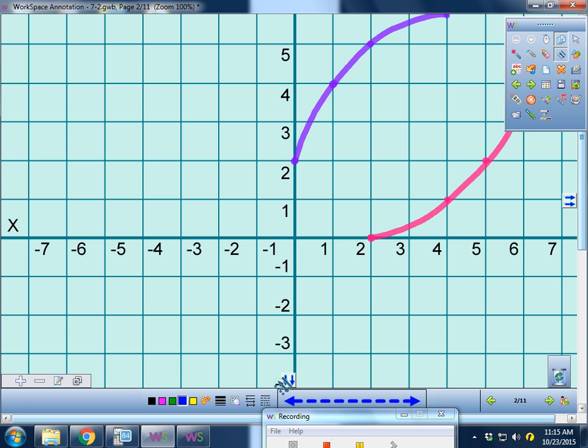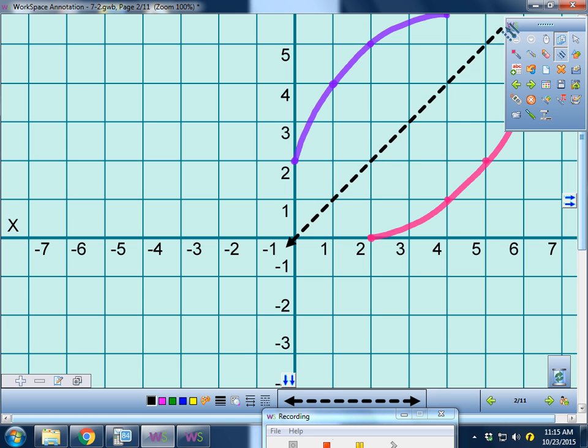So if you remember from Algebra 1, y equals x will come up through like this. Oh gosh, that's a terrible line. I want to redraw that and make it not purple. Let's just do black.